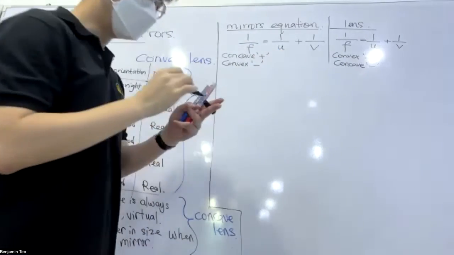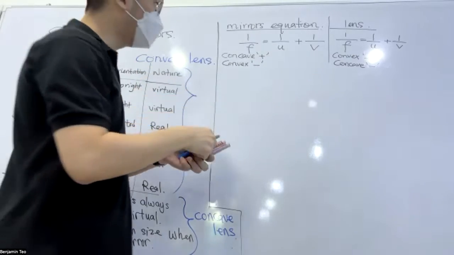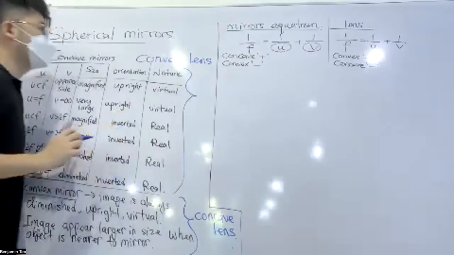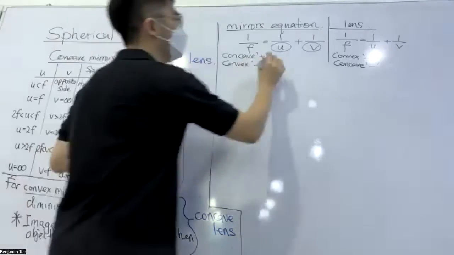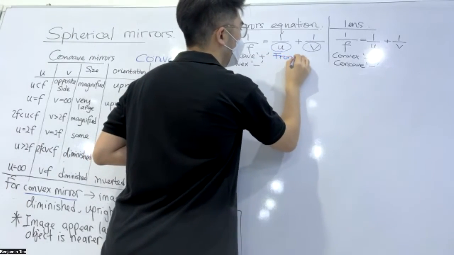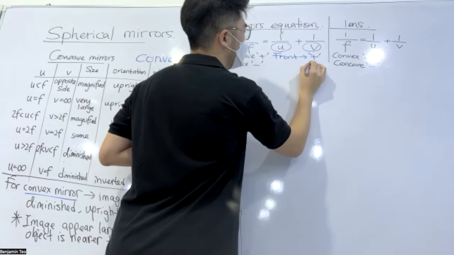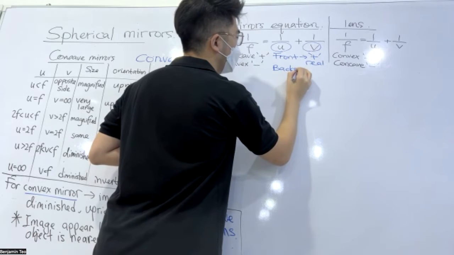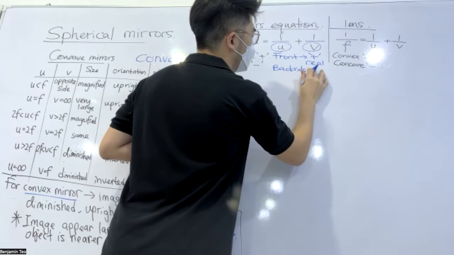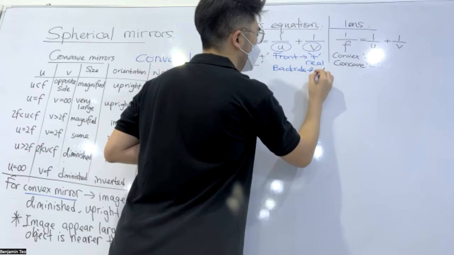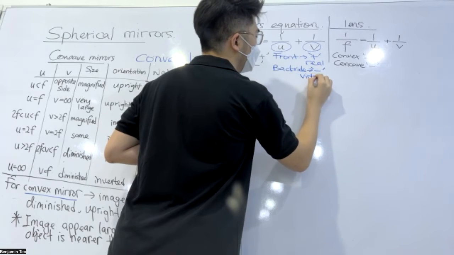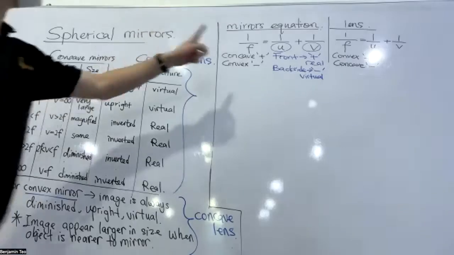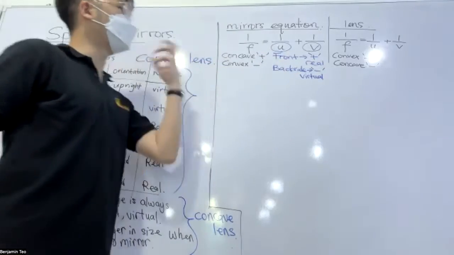Then u and v are very straightforward. For these two we follow one rule, which we just discussed: if you are on the front side of the mirror, we use a positive v. If you are on the back side, we use a minus v. Okay, u and v, plus or minus, you just look at whether it is the mirror's front side or back side.